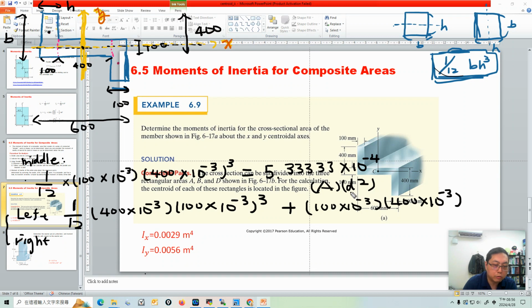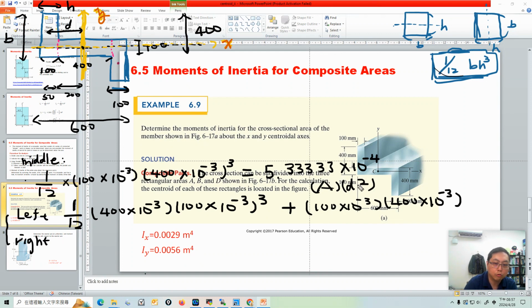What is the d? D is the distance between the rotational axis and the centroid. Right now your d is here. This is your d. Be careful: here is 50 and here is 200, so it's 250.